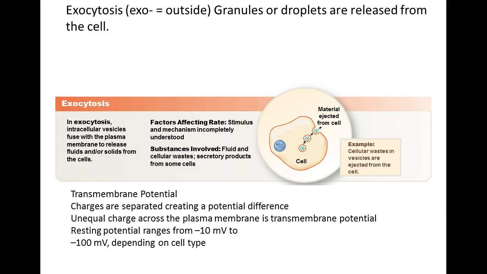And that transmembrane potential is the unequal charge across the plasma membrane, but that unequal charge can be a resting charge. So you have a negative 10 millivolts to a negative 100 millivolts depending on the cell type.